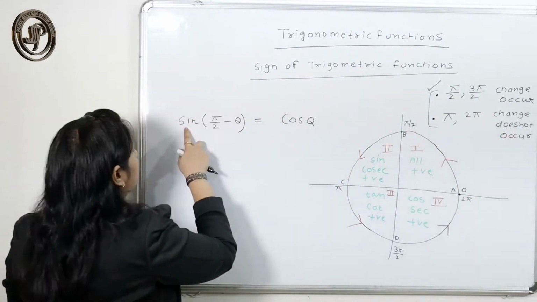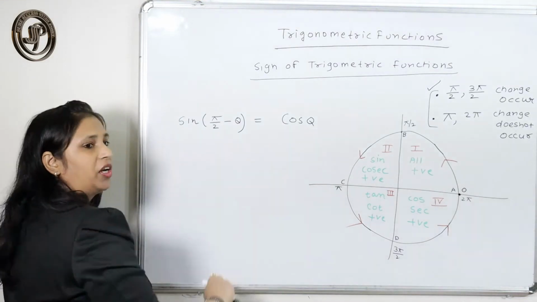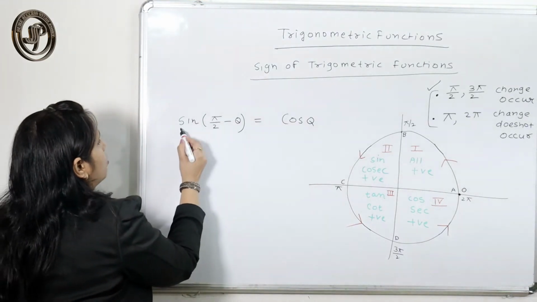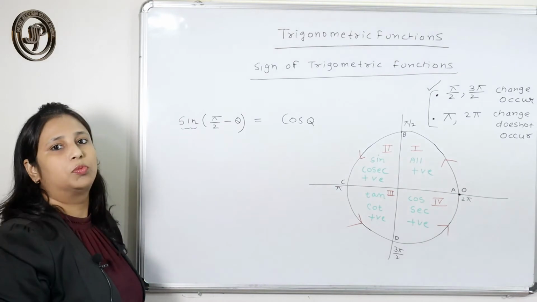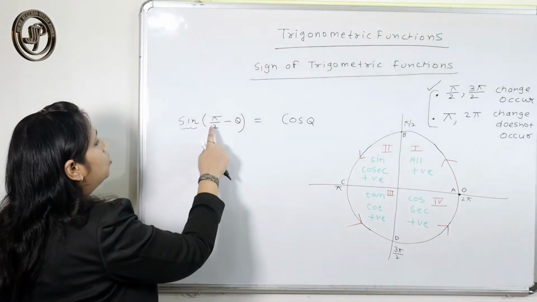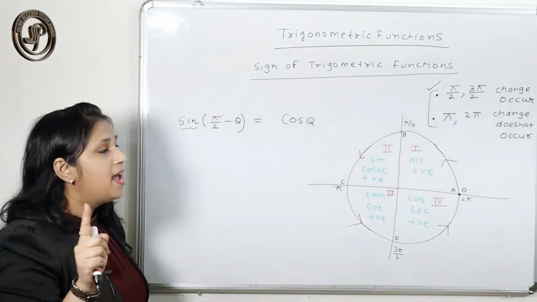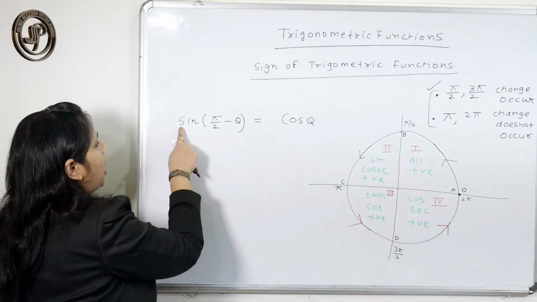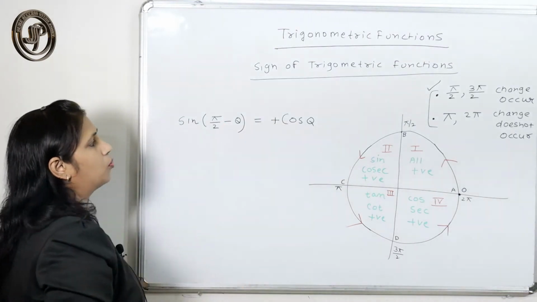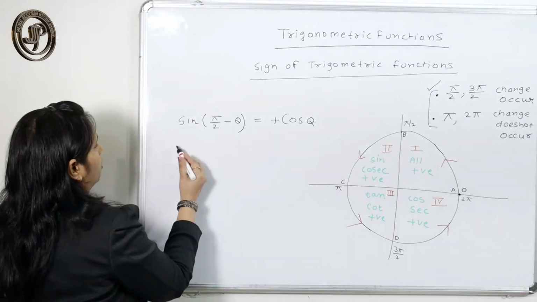Sine is converted into cos, and now you have to check whether the sign is positive or negative. In which quadrant will you go when you do pi by 2 minus theta? You are in the first quadrant, and in the first quadrant the sign is positive, so you put the plus sign here.